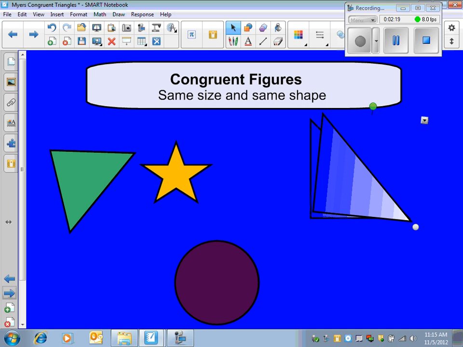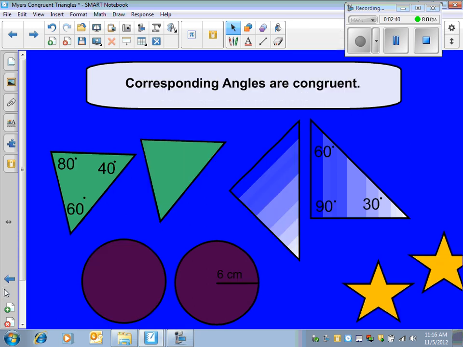Hold it, let me see if I can do a little bit more rotation. And I did. So the four figures that we have are congruent figures. What are congruent figures? Same size and same shape.